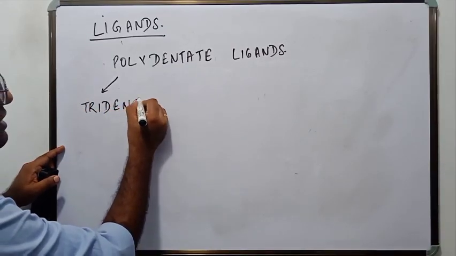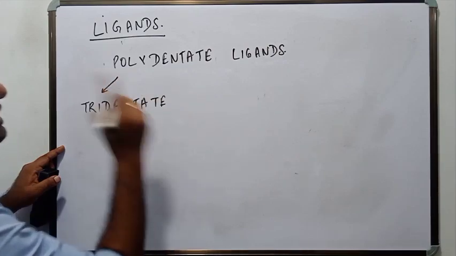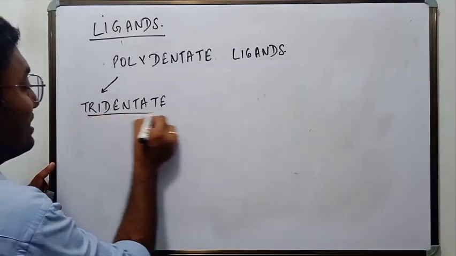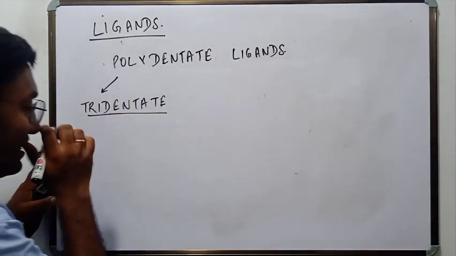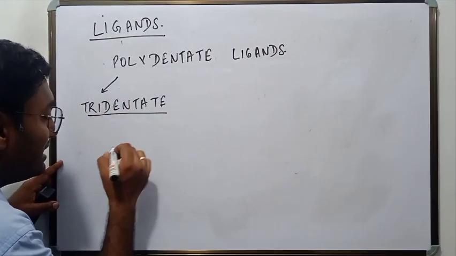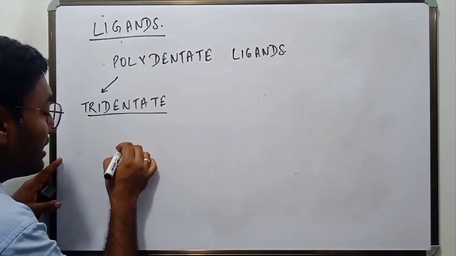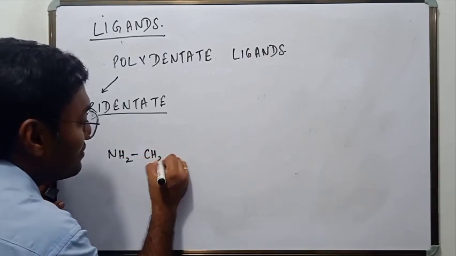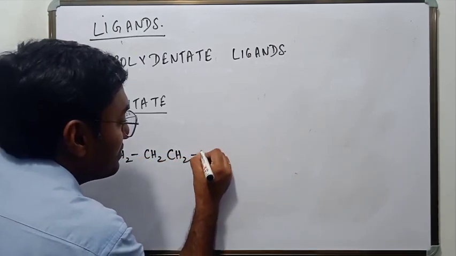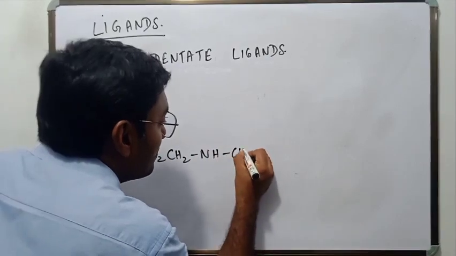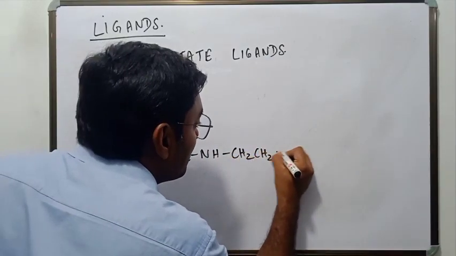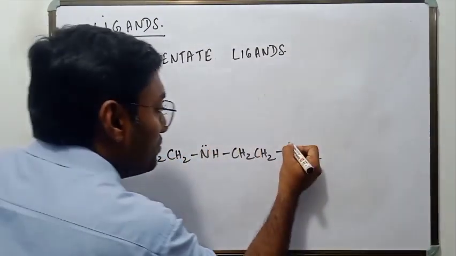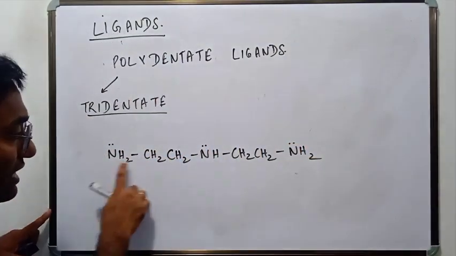ligand. It can form three linkages with the metal ion, or it can form three sigma bonds with the metal ion. Let us look at an example of a tridentate ligand. That is diethylene triamine. Look at this structure. 1, 2, 3. Diethylene triamine.